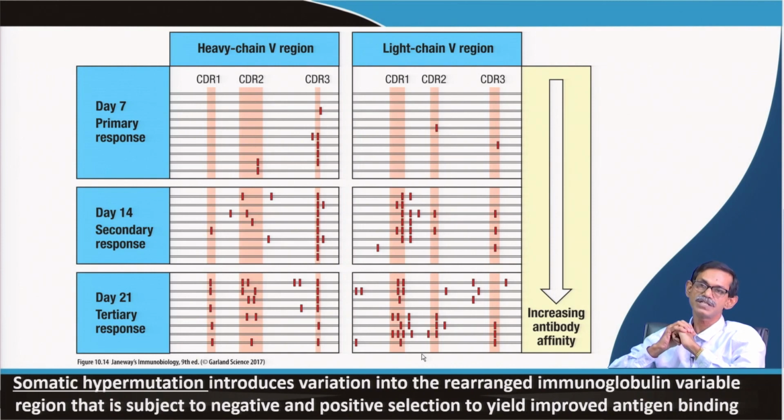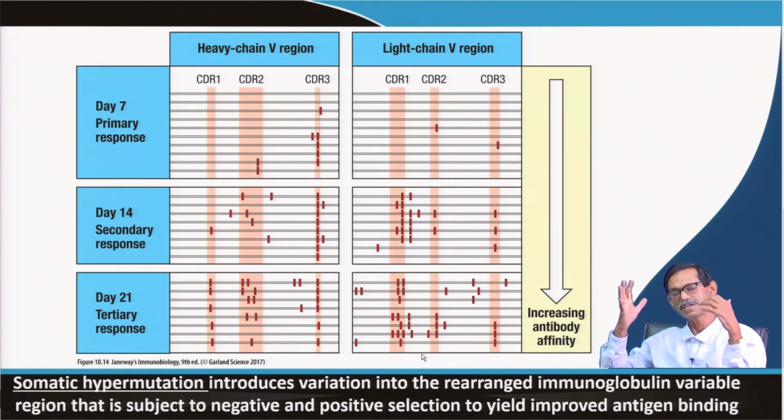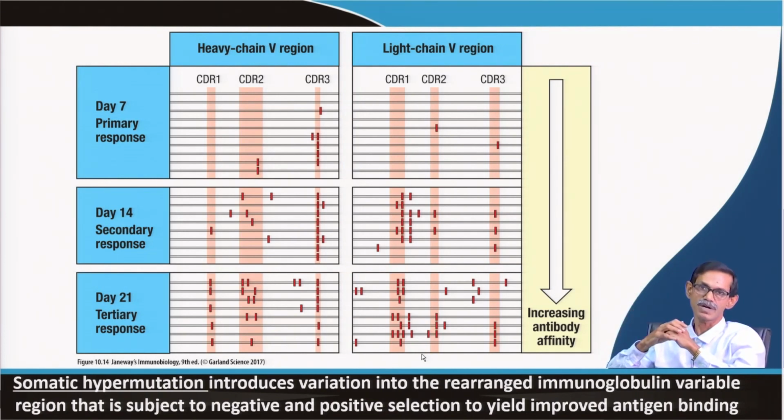Whatever the antibody structure, the final interaction is between CDR1, CDR2 and CDR3 and the antigen epitope. So, one amino acid change in CDR1, CDR2 or CDR3 can change both affinity and specificity.